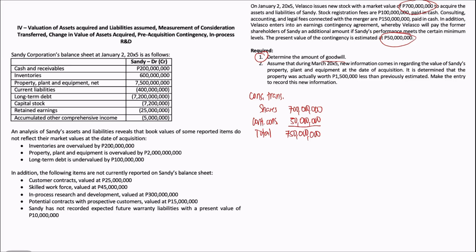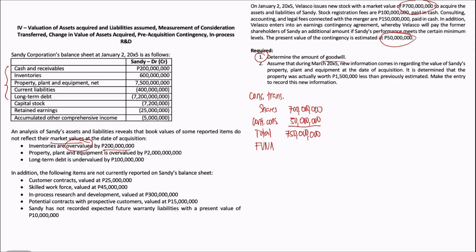Next, we compute for fair value net assets. We are already given the assets and liabilities of the acquiree at book value. We're also given information in relation to the market values of these assets and liabilities. According to the problem, inventories are overvalued by 200 million. Overvalued means that fair value is lower than book value.